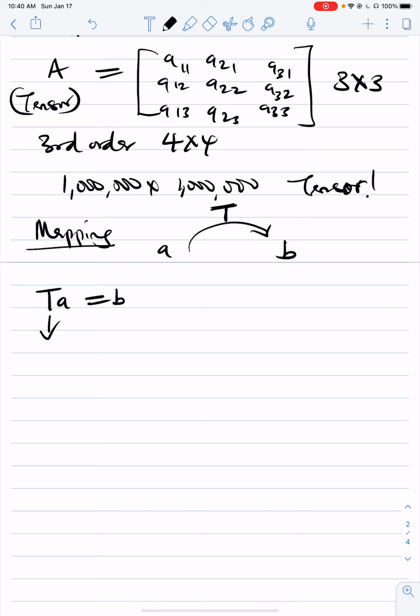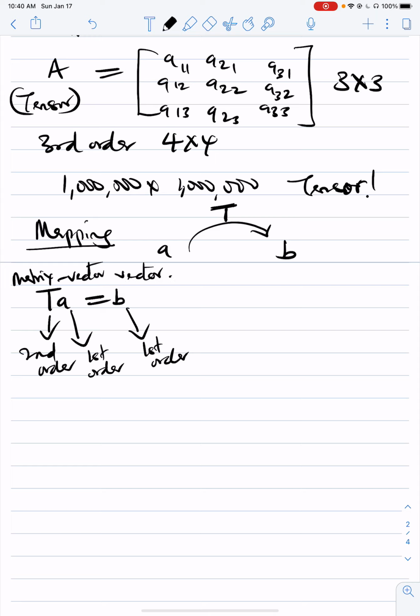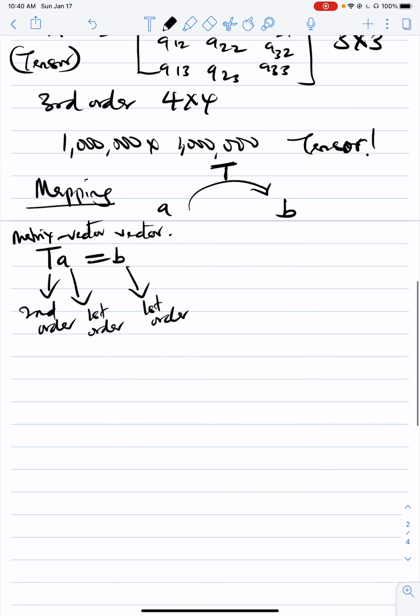T is a second order tensor, A is a first order tensor based on what we just talked about, and B is a vector, a first order tensor. It's the same as saying if you multiply a matrix times a vector, you get a vector, right? So basically, a second order tensor maps a first order tensor into a first order tensor, which is B.